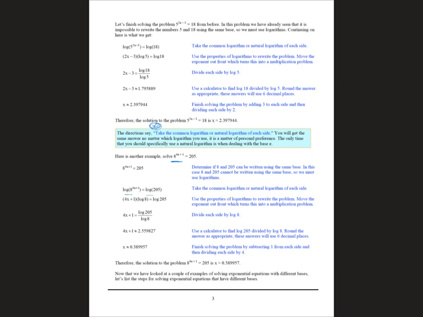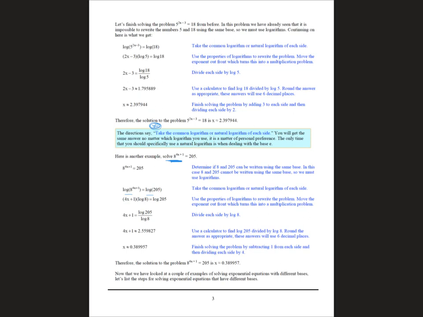So there are different ways to solve exponential equations by introducing logarithms, taking the logarithm of each side of the equation when you cannot represent each side with the same base. Again, you can do the common log of each side, the natural log of each side, or cleverly choose a logarithm with the base of one of the sides of the equation.